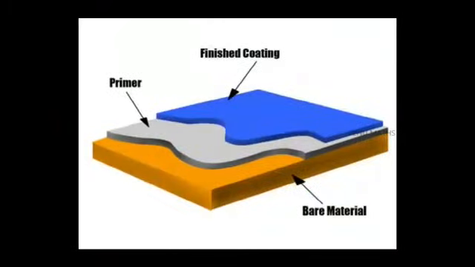Another method to prevent corrosion is surface coating. Only on the surface of the metal, a hydrated ferric oxide layer will be formed, that is rust. So, if we coat the surface of the metal, then the metal can be prevented from corrosion. There are different types of surface coating.